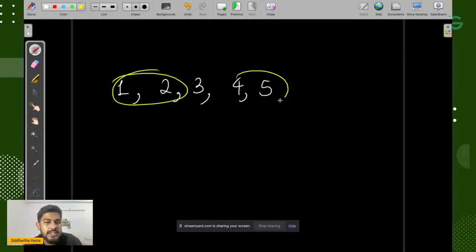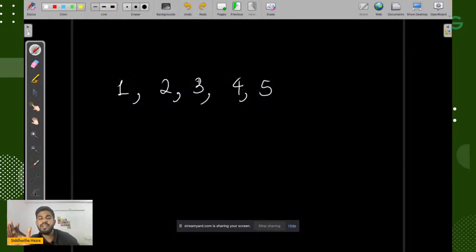But these two are not subarrays. These two individually are subarrays, but they both as a combined entity is not a subarray. So we can say that a subarray is a contiguous part of the array. It can be the whole array itself.